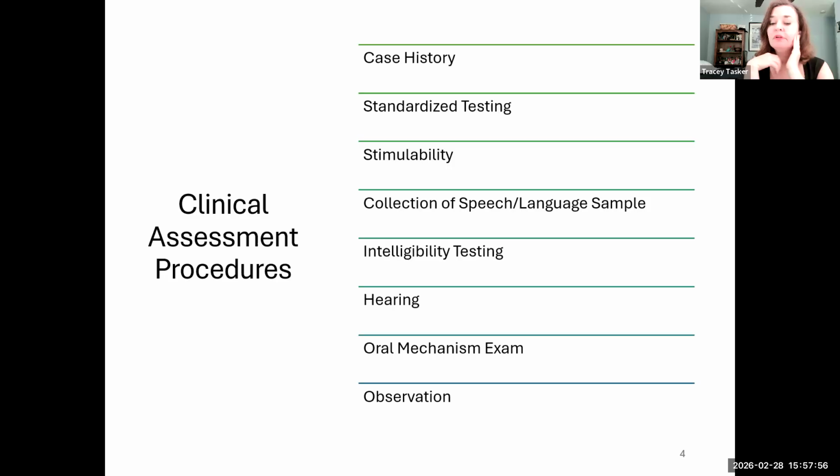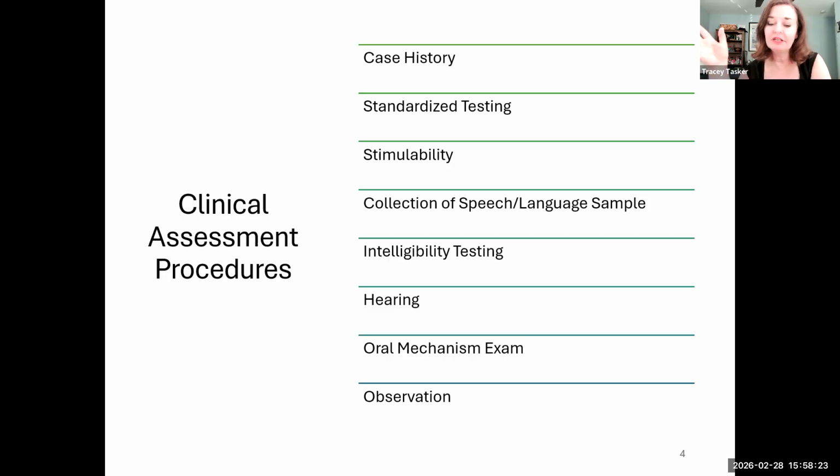So, for example, hearing: many times children come to you and they've just had a hearing screening. If it's a school, the school nurse would often do a hearing screening. If they're coming to you from a medical setting, often the pediatrician's office has already done hearing. But you may be working in a setting where you're going to be doing a hearing screening. That is completely possible.